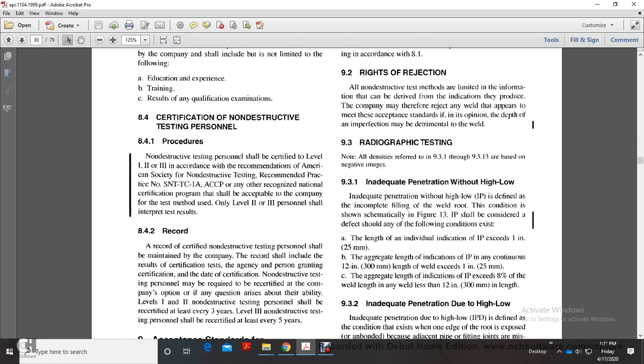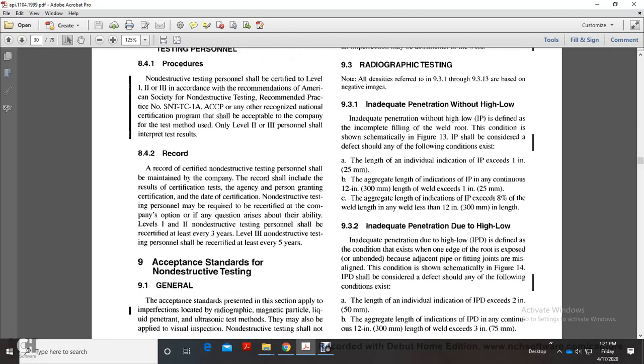Inadequate penetration without high-low shall be considered a defect should any of the following conditions exist: the length of an individual indication of inadequate penetration exceeds 1 inch; the aggregate length of indications of inadequate penetration in any continuous 12-inch length of weld exceeds 1 inch; the aggregate length of indications of inadequate penetration exceeds 8% of the weld length in any weld less than 12 inches in length.